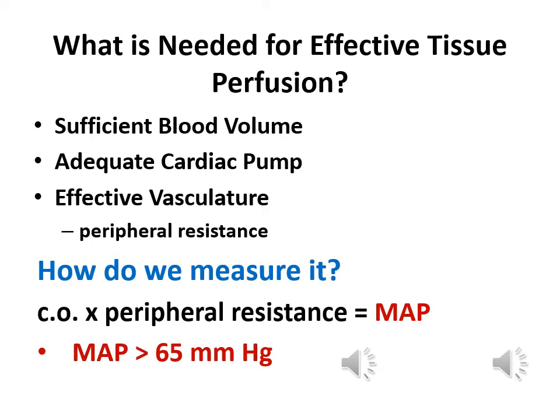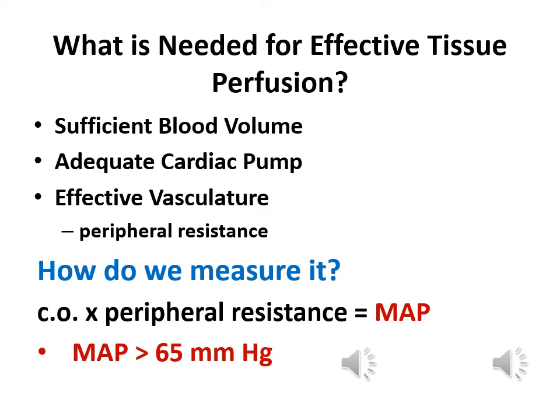So we can measure this, and we can measure it with something called the mean arterial pressure. That's a product of the cardiac output times that peripheral resistance. So how much the heart is putting out multiplied by the amount of resistance it takes to get the blood back to the heart.